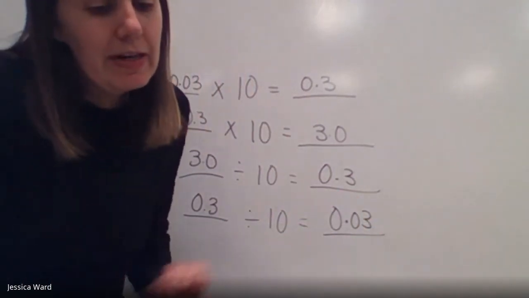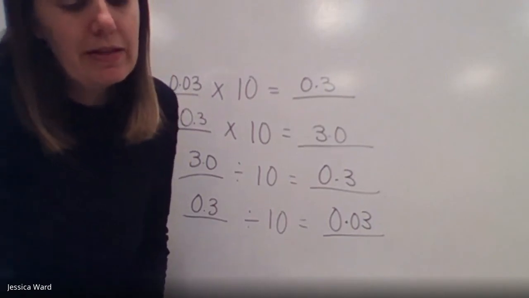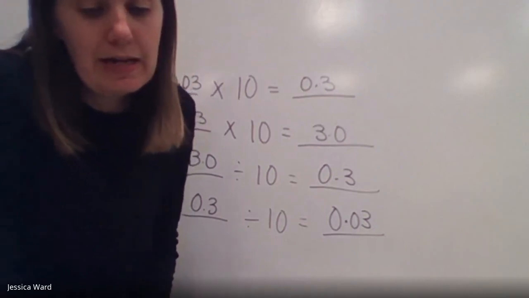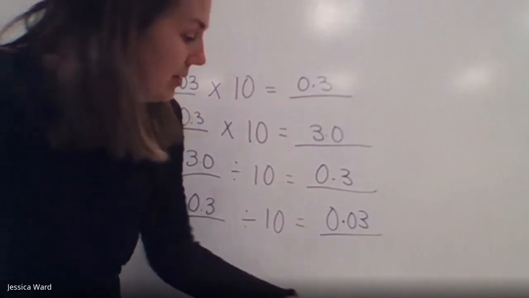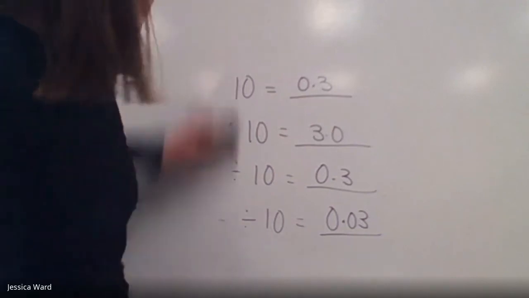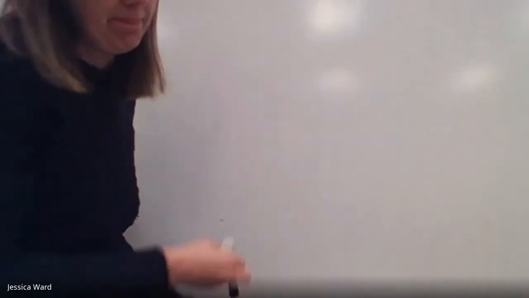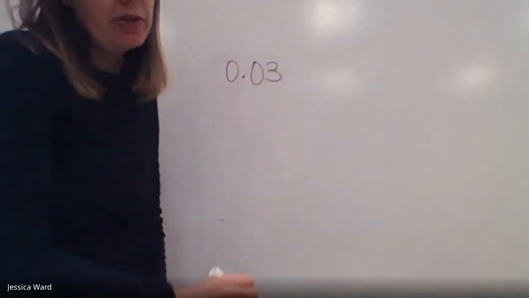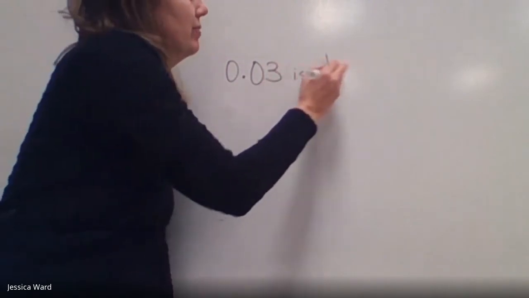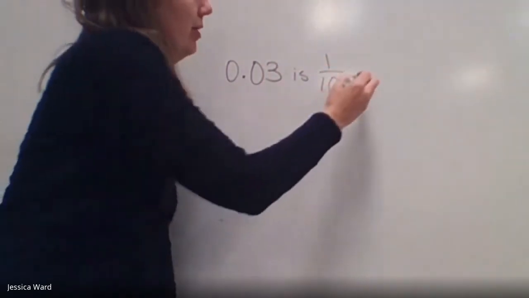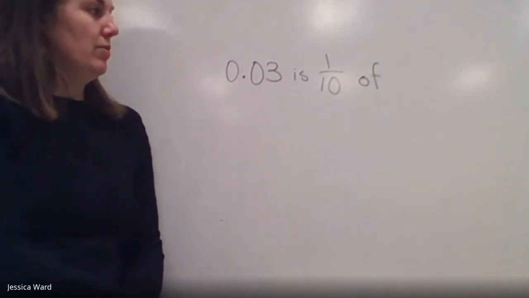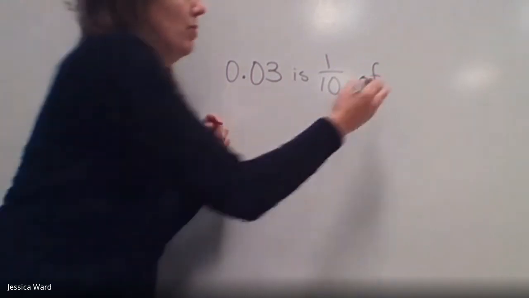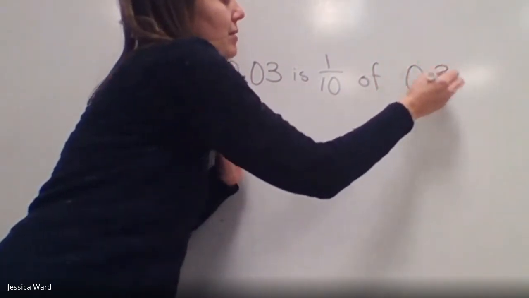Okay, number 3 says finding 1/10 of a number is the same as multiplying the number by 0.1. Complete each sentence and then write the sentence as a multiplication equation. So they have for A, 0.03 is 1/10. Remember, we're dividing, of, well, what did we multiply by to get 3/10?